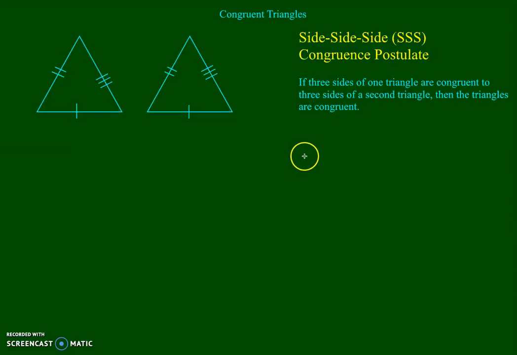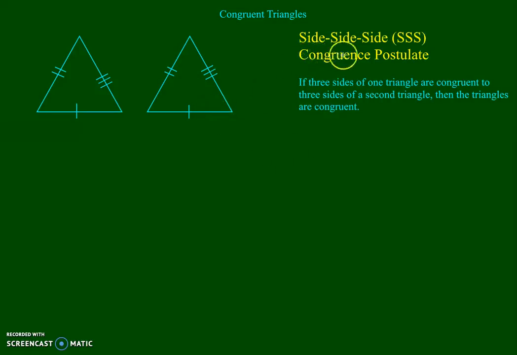Now, we're going to look at three postulates that short-circuit that process. And this is going to make life a little bit easier for us after we get through with these, because we'll have mechanisms to show triangles are congruent without having to show that each corresponding part of those triangles are in fact congruent. So let's take a look at the first condition.